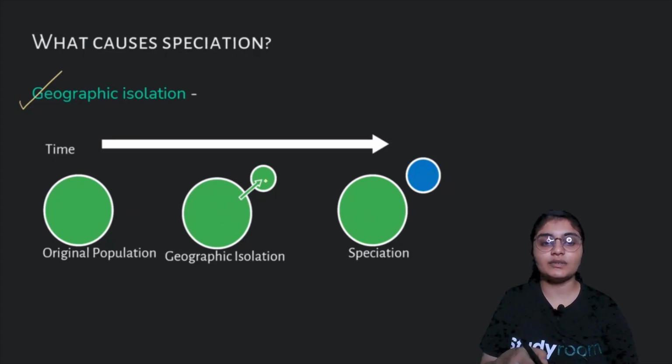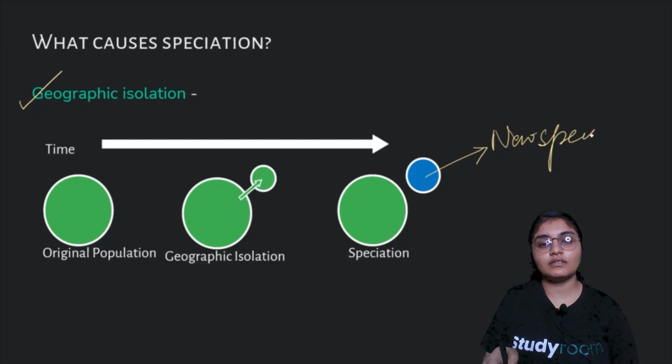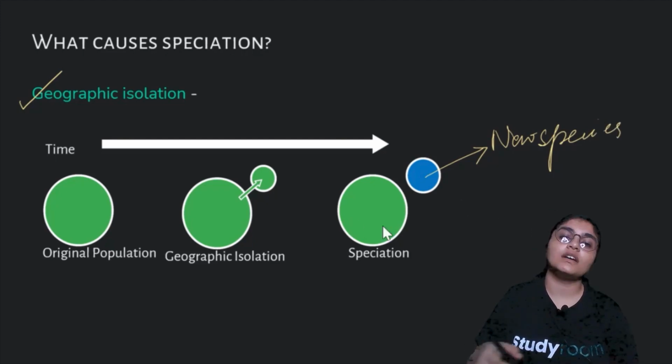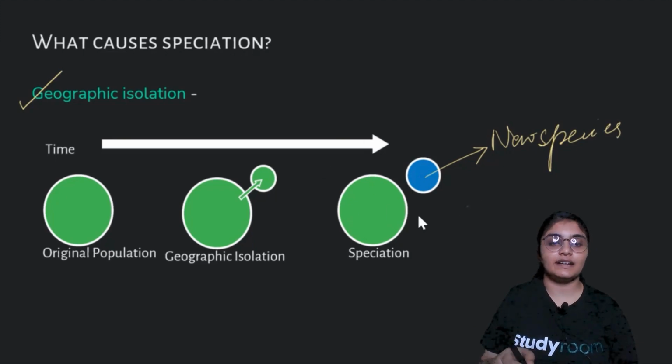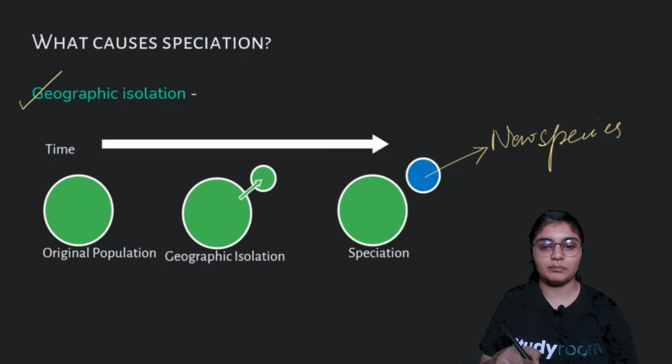Here you can see it was a part of this population itself, but gradually with the course of time it developed new characteristics, and hence it became another species. This is how new species are formed through geographical isolation with the passage of time.